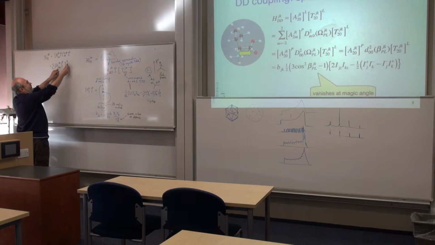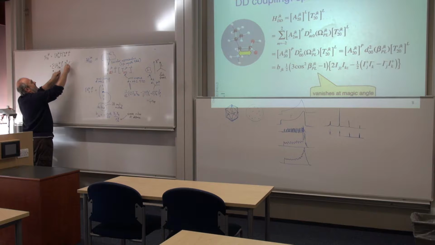so I know it's rank 2, so I use the second rank Wigner matrix. Let the two summed indices collide. So I get the 0 one. And then take the Euler angles going from the principal to the lab.